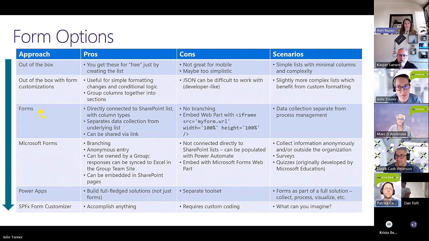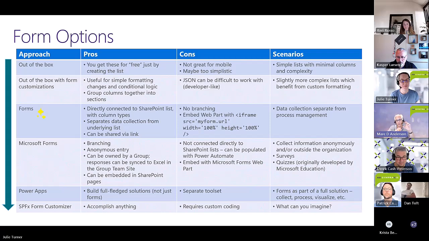And it's great for that, but it can be a little bit too simplistic, which is part of those cons. That's kind of where I think it tends to fall short. So when you have a plain old out of the box form and it has more than 3 or 4 or 5, whatever the number might be, columns, you might want to start to rearrange it a little bit.